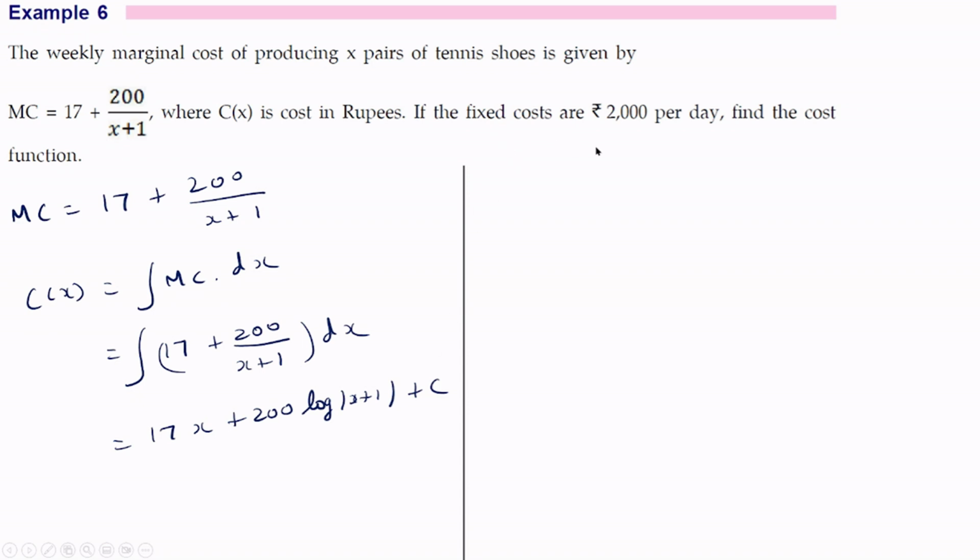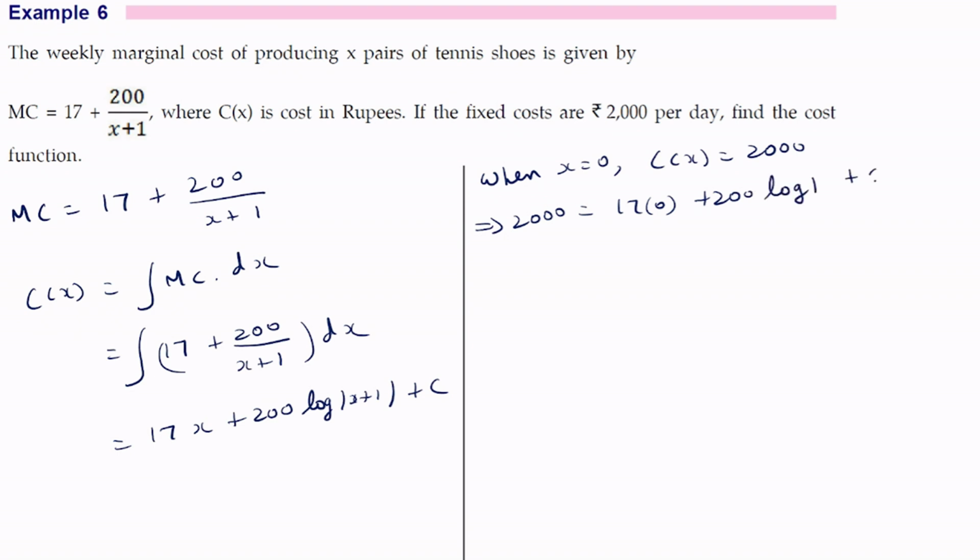Here they have given fixed cost is rupees 2000 per day. When x equal to 0, C of x is equal to 2000. Implies 2000 equal to 17 into 0 plus 200 into log 0 plus 1 is log 1 plus c.